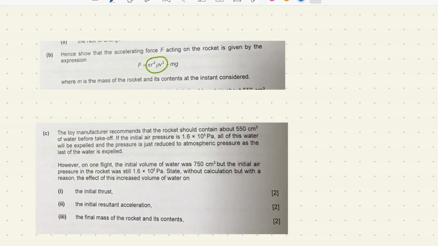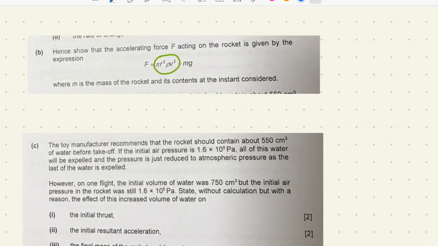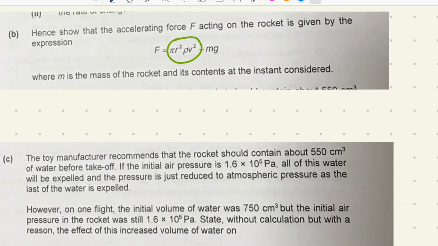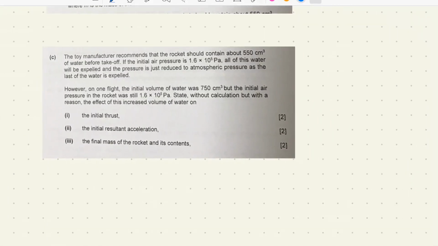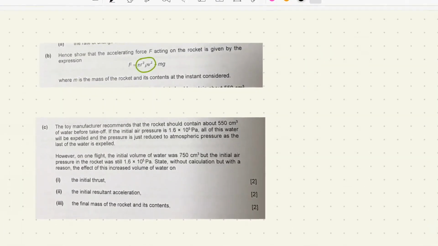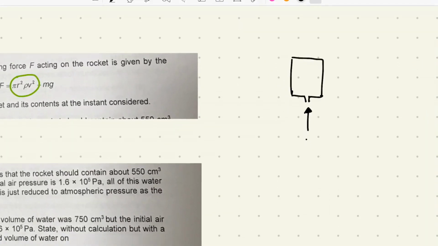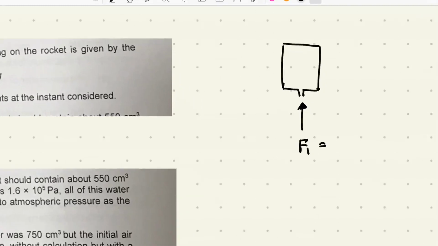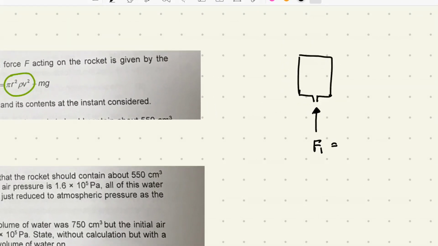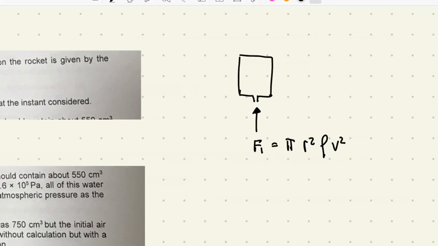Then part B. Hence show that the accelerating force acting on the rocket is given by the expression F equals πr²ρv² minus mg. Oh, very simple. For question B, we just draw the toy rocket like this. Two forces acting on it. We call it F1, let's say. F1 is the force pushing it up, which is πr²ρv² from our previous answer.